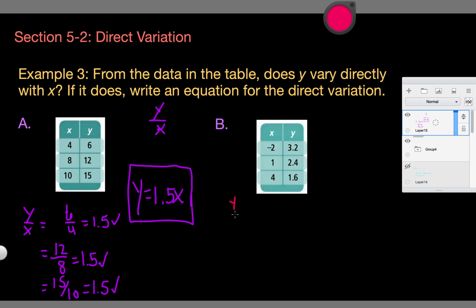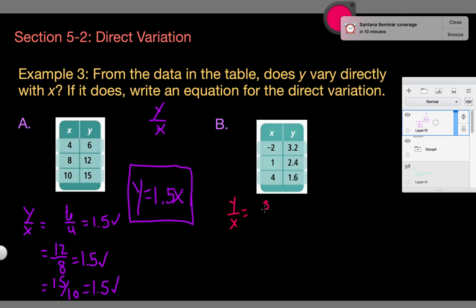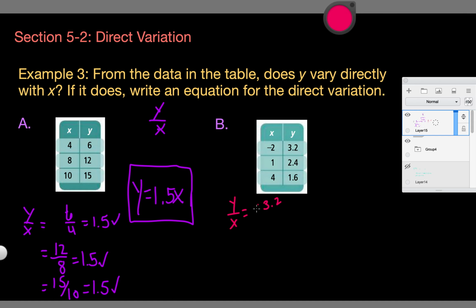So y over x equals, the first one is 3.2 over negative 2, which simplifies to negative 1.6. Our second coordinate point is 2.4 over 1, which simplifies to 2.4. And our last one is 1.6 over 4, which simplifies to 0.4.